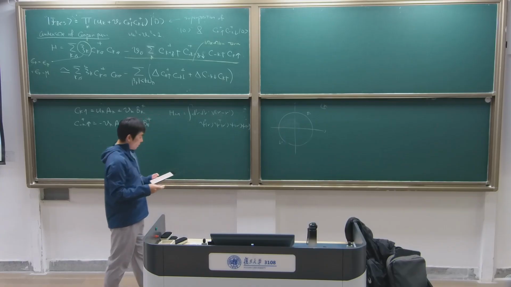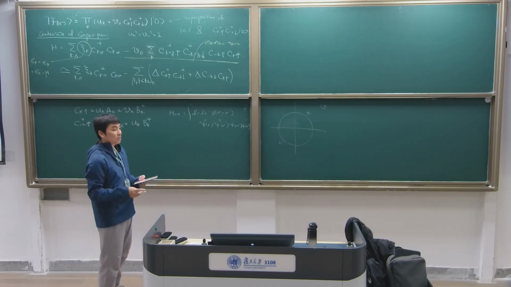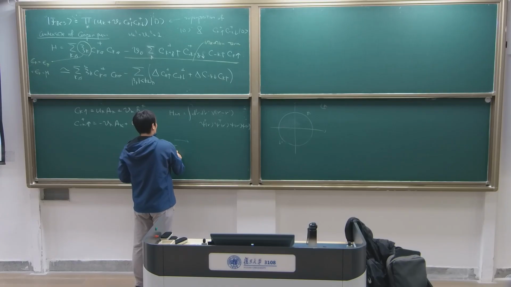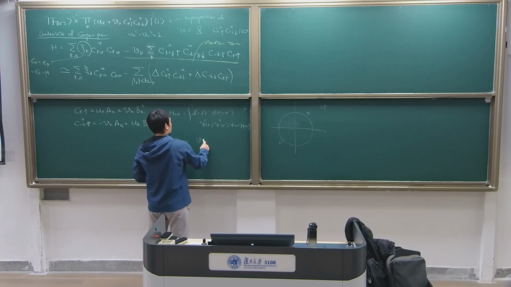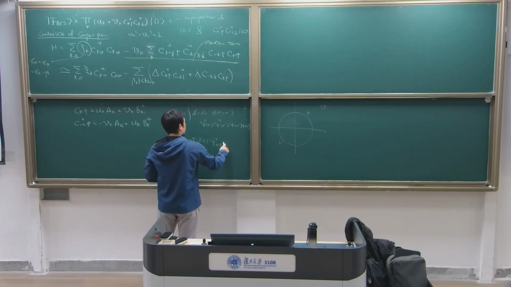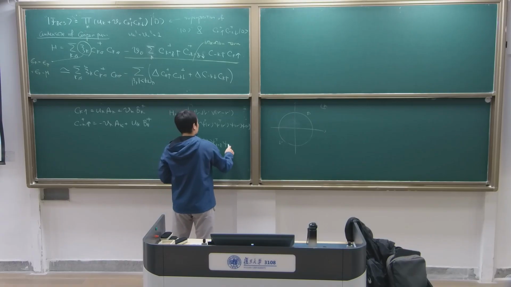That's what we learned previously, so we just write it down like this. And if you do the Fourier transformation to momentum space, this will become V of Q, sum over Q.